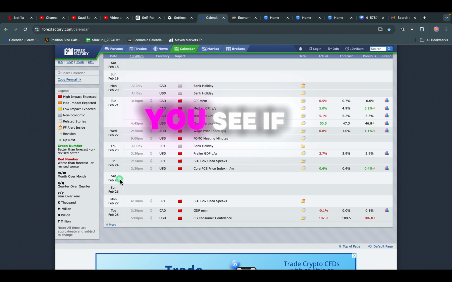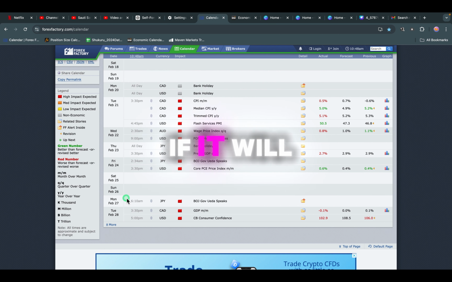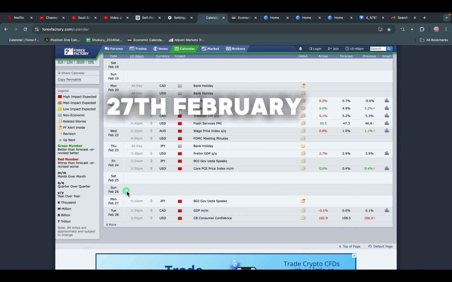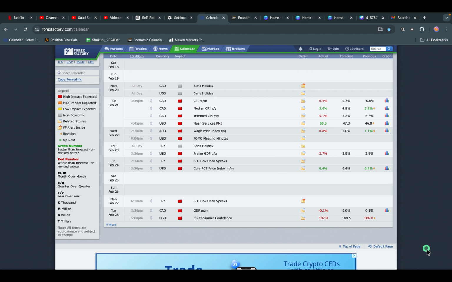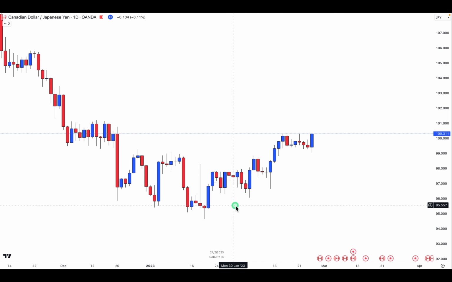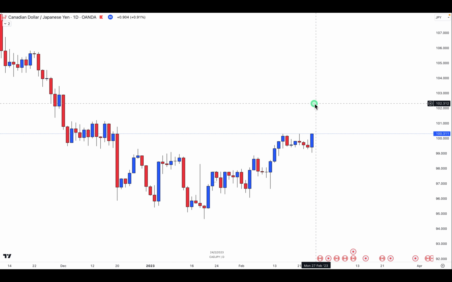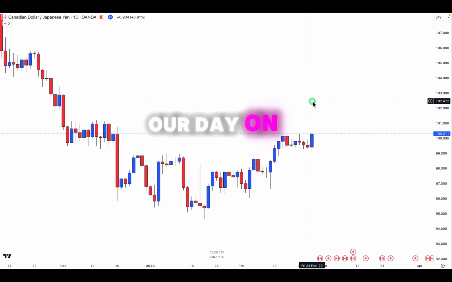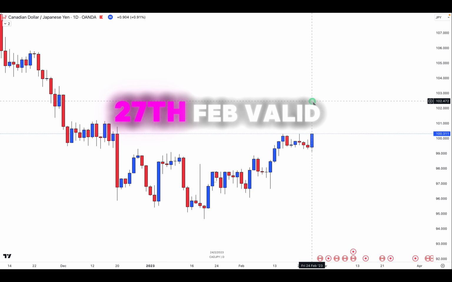Let's check if either of these days will be valid, but we're going to check first on Monday 27th Feb. On the daily, you can see that Friday 24th Feb closed bullish. That makes our day on 27th Feb valid.